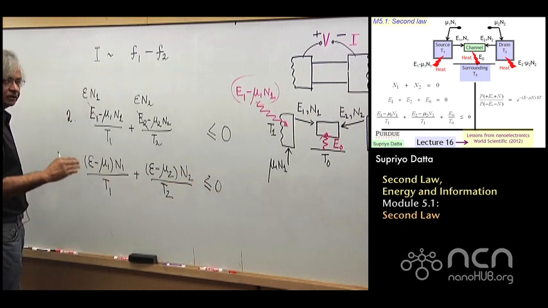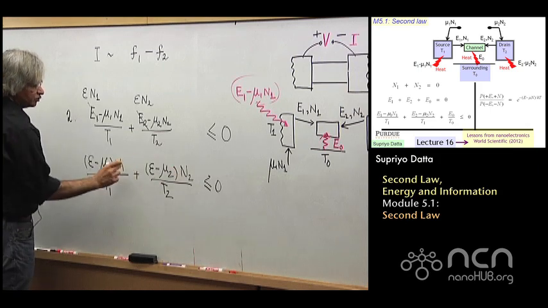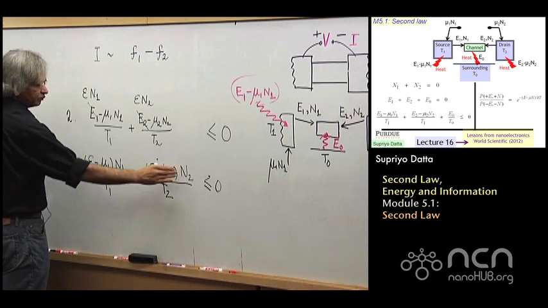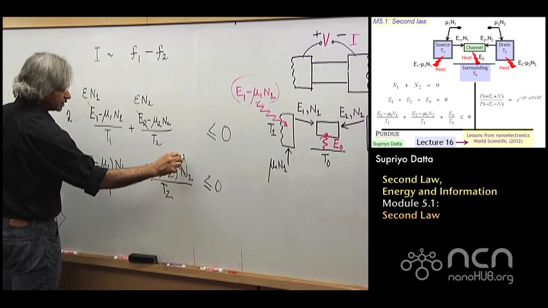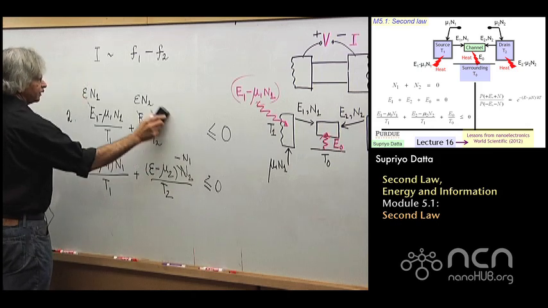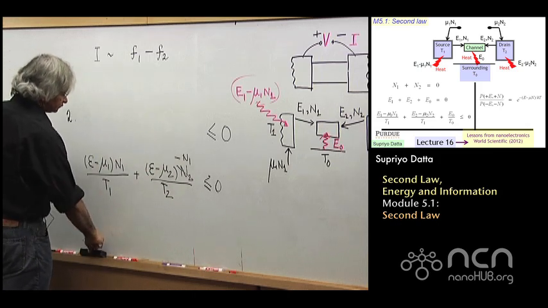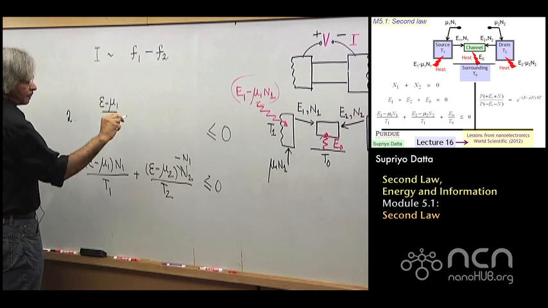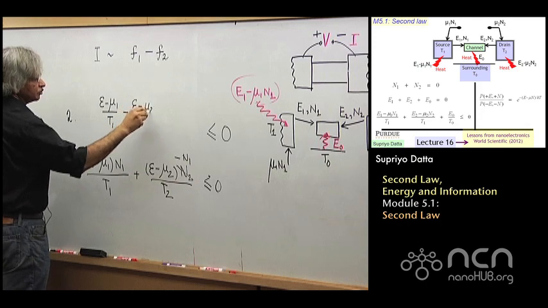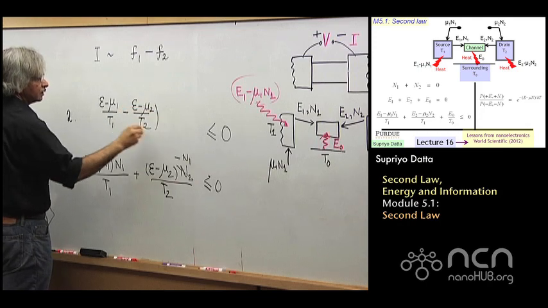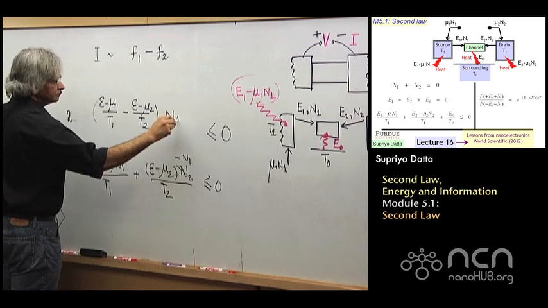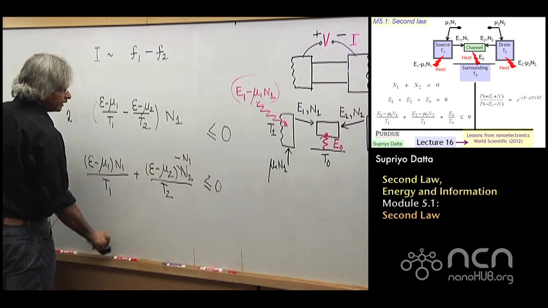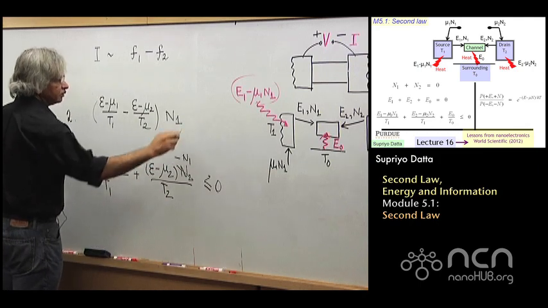And of course we know that n1 plus n2 is equal to 0, the total amount of electrons coming in is 0. So instead of n2, I could write minus n1. So what you get then is epsilon minus mu1 over T1 minus epsilon minus mu2 over T2, times n1. This minus is because I replaced the n2 with a minus n1, and that's then less than or equal to 0.